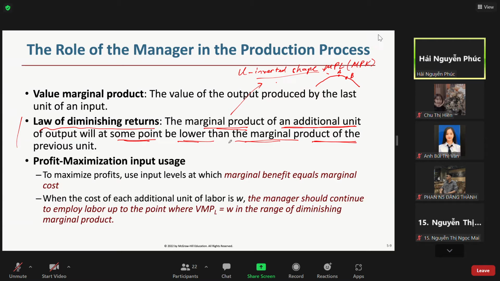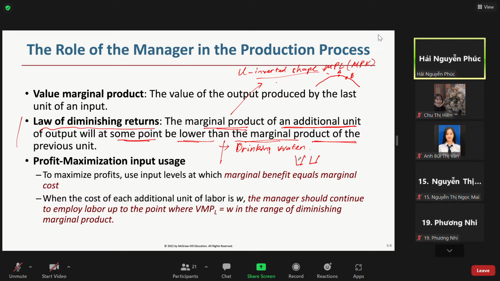And of course, you might think of another example in your daily life, like drinking water. You can usually observe that when you drink the first glass of water, your marginal benefit is greater than your marginal benefit from drinking the second glass of water.